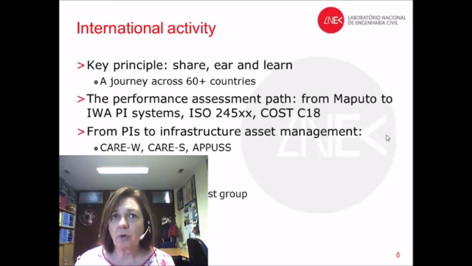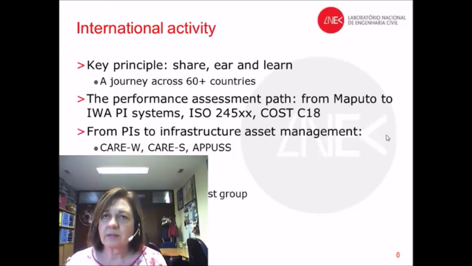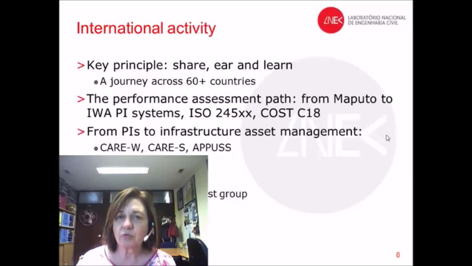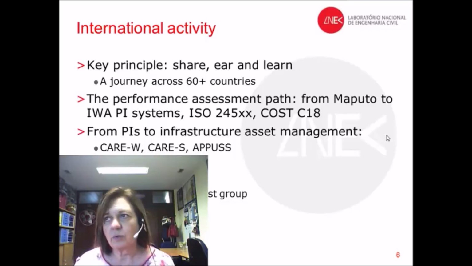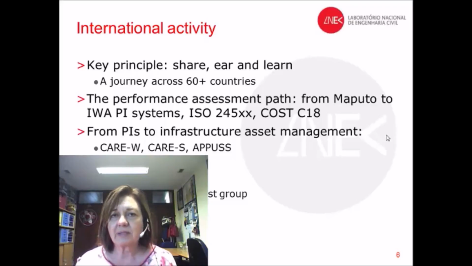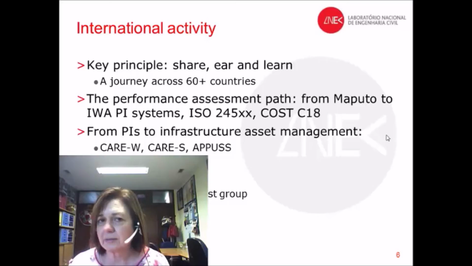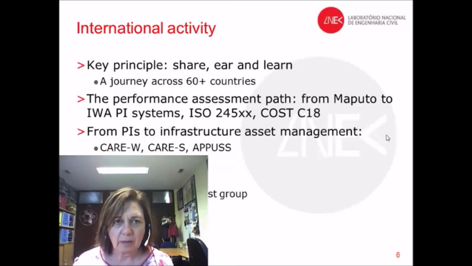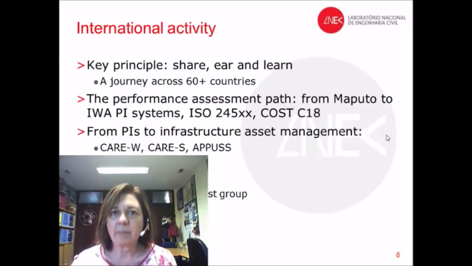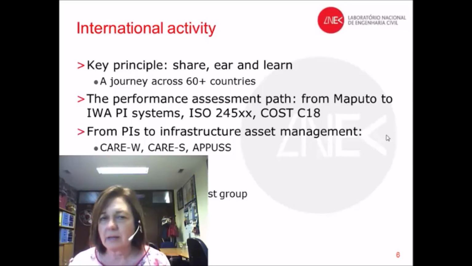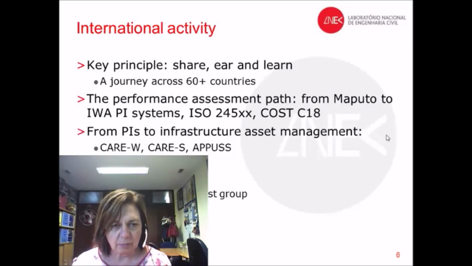And from there, we decided to launch a collaborative project, where we work in a kind of joint venture with a private holding. Jointly, we managed to train and work together with 30 utilities in the country. And they got competence in applying our approach and producing their own asset management plans based on this consolidated approach.